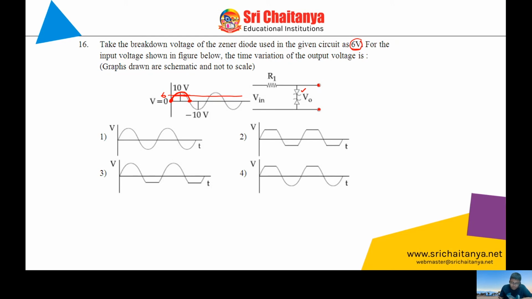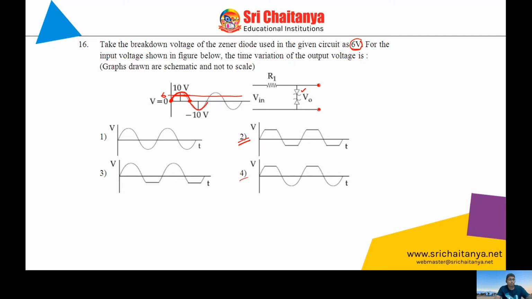So I think option 2 or option 4 will be correct. And for the reverse cycle, it will also act in the same manner. So I think option 2 will be correct here. Due to the presence of these two Zener diodes, the voltage peak will not exceed 6 volt. So option 2 is correct.